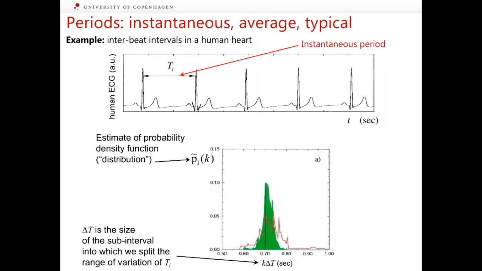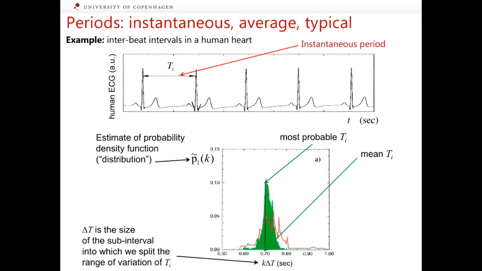In the figure, two distributions are shown for the same human in different physiological states. Start from the shaded green curve, which illustrates one of the states. The location of the maximum of distribution points to the most probable period. In this case, the mean period coincides with the most probable one.